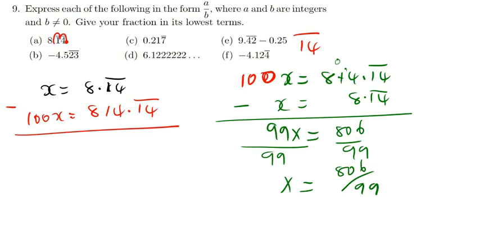What number should we try? So you look at the bottom number. It's 99. Maybe let's try 3. So if 3 will not go into 806, then I think it should end there. I don't think there is any other number which can go into that.